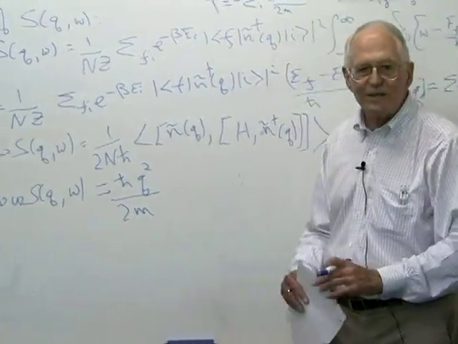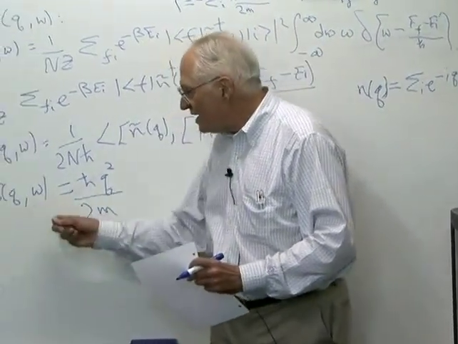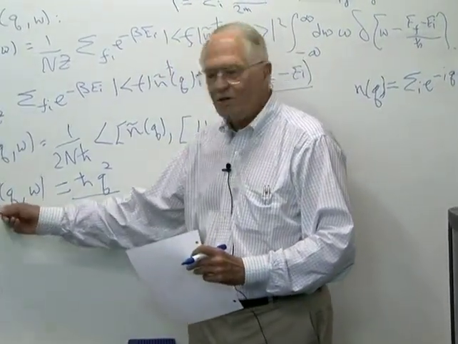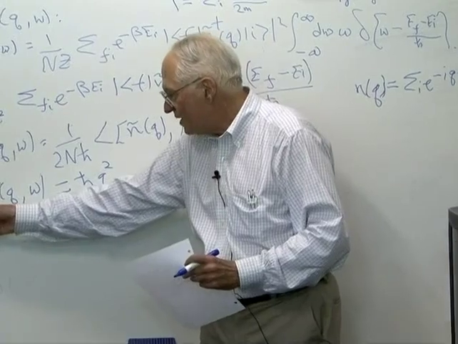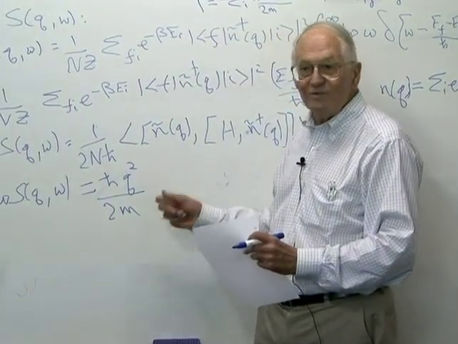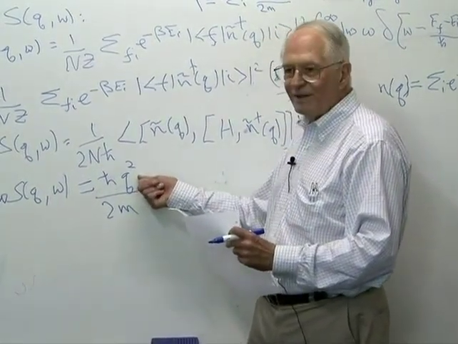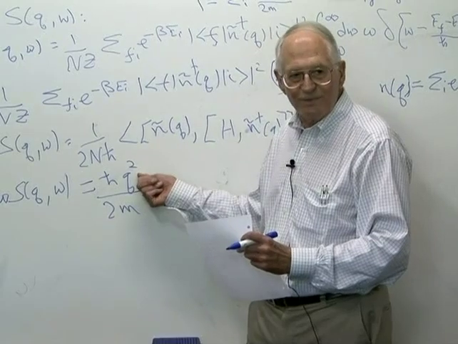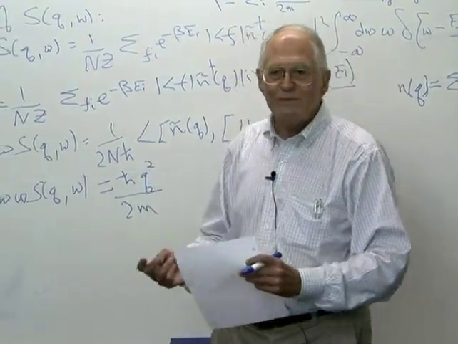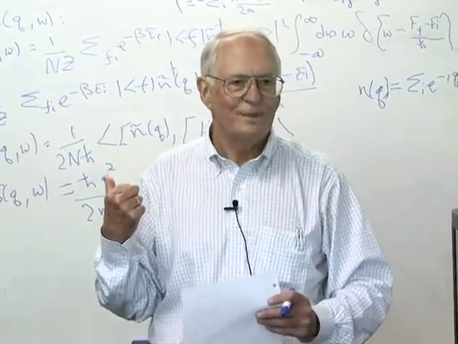So that's the beautiful answer. And this has to be true for any S of q and omega. If you fix q and integrate over omega times omega, you get this answer, h bar q squared over 2m. And as you vary q, you have to get the right q here. It's a very restrictive sum rule. Most simple-minded models that you write down for S of q and omega fail this test.